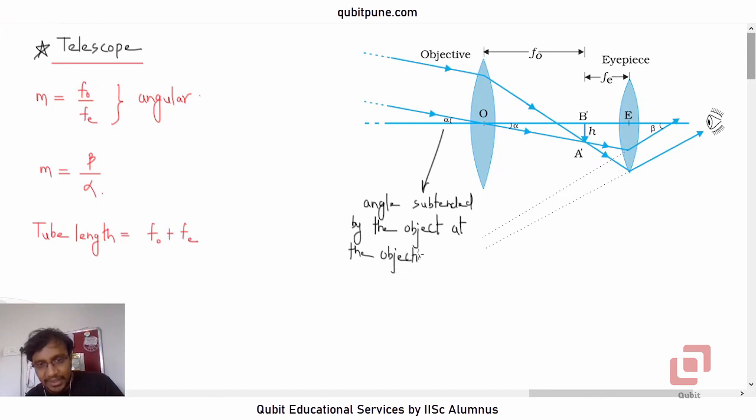It doesn't matter whether it is the objective lens or the eye. We know that it is going to be very small, and if we could magnify this, our job will be done.